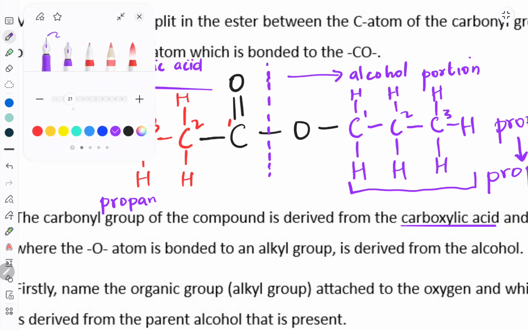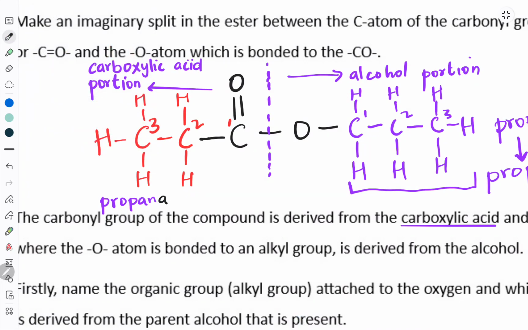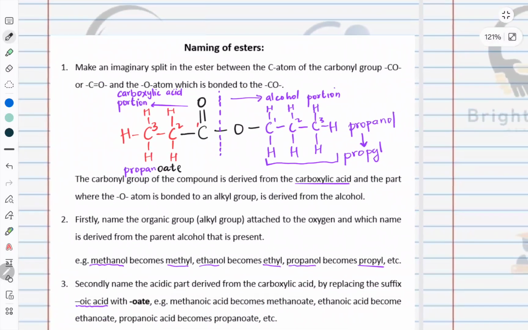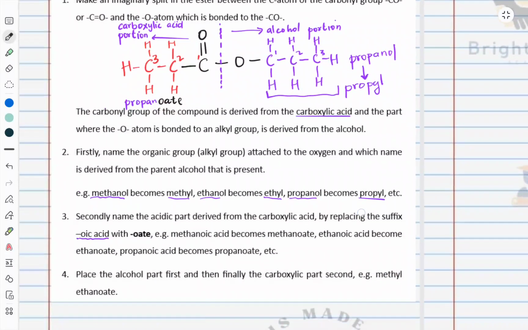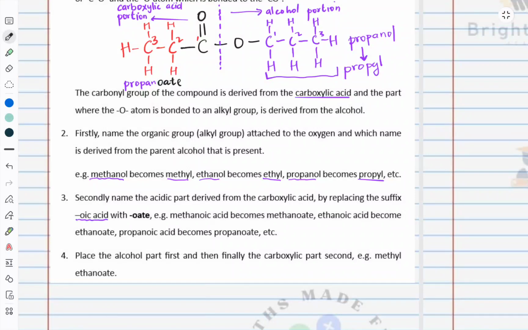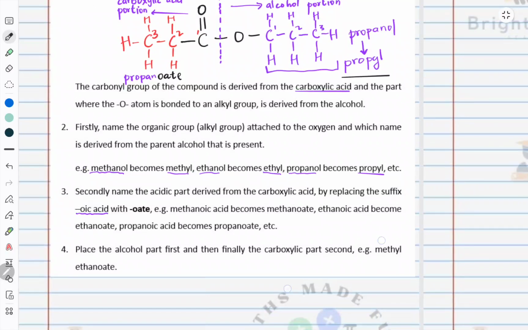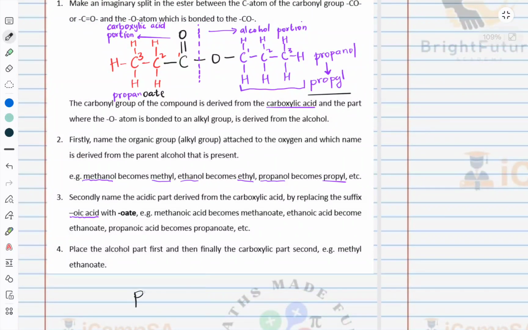So now it just becomes propanoate. That's the suffix for esters. Now that we've done that, for the final name we start with the alcohol part, which is propyl, and then the carboxylic acid part, which is propanoate. So in this case, our full IUPAC name for the ester is going to be propyl propanoate.